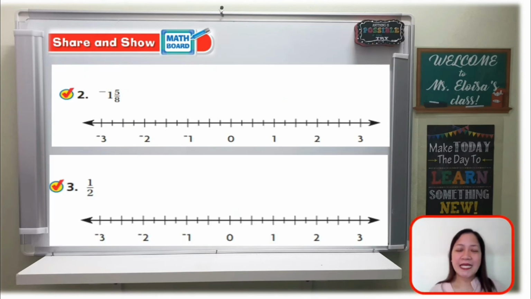Number 2, negative 1 and 5/8. So it is between negative 1 and negative 2. So we will put it there, 5/8 from negative 1. Number 3, 1/2. So it is between 0 and 1. That is halfway between 0 and 1.